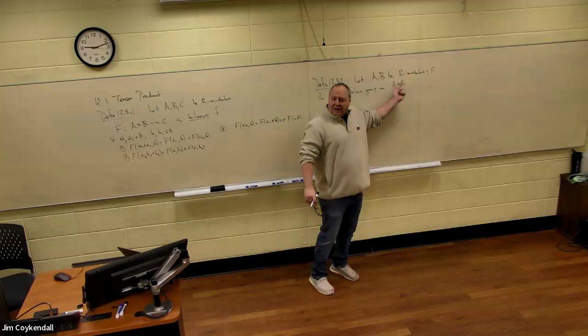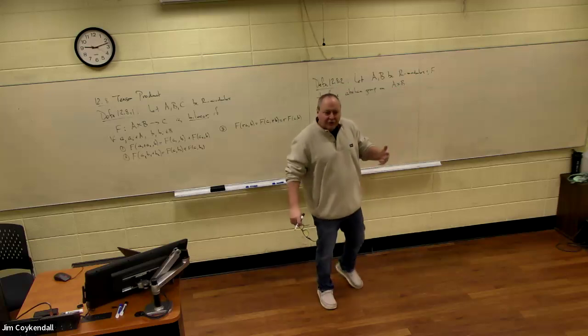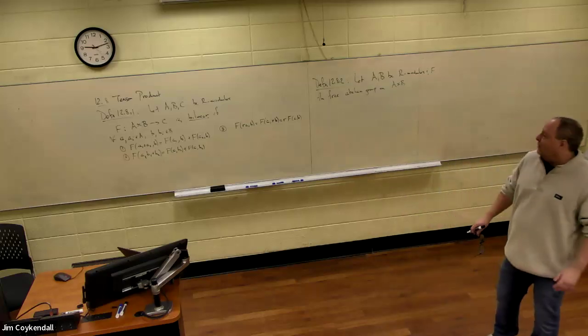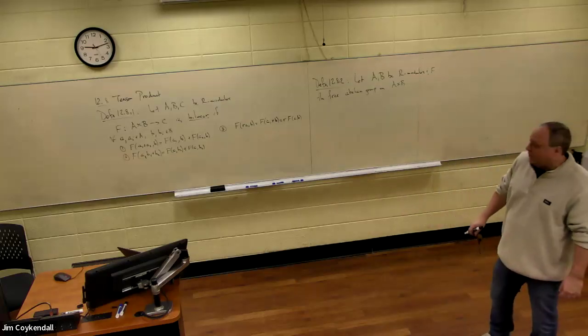So basically consider everything in A cross B as just an abstract symbol, and let that generate some free Z module. That's what you're doing there, right?